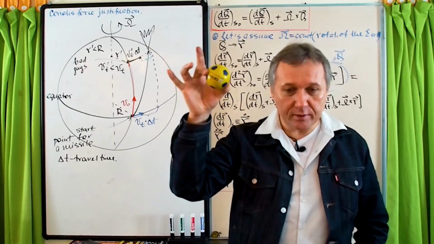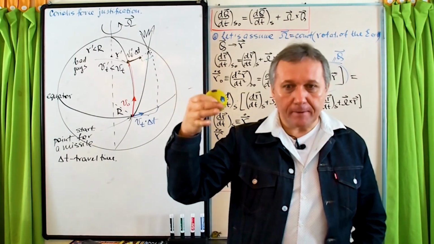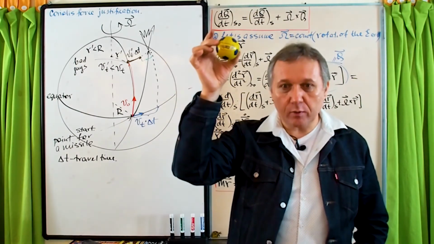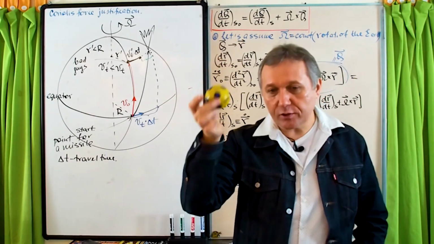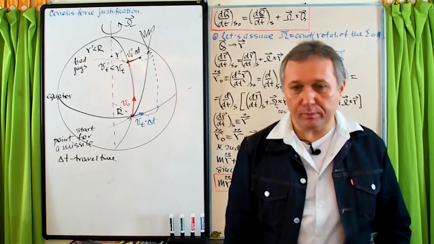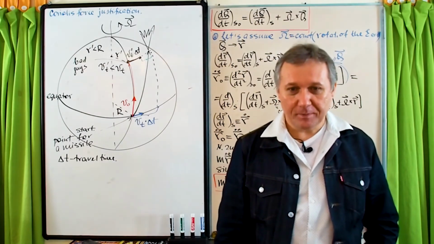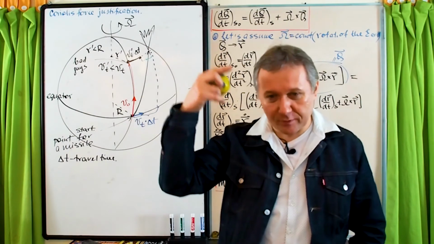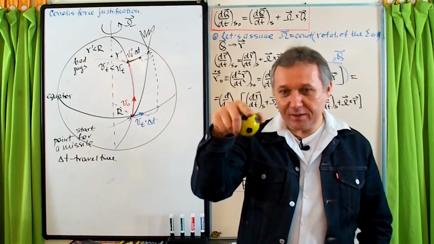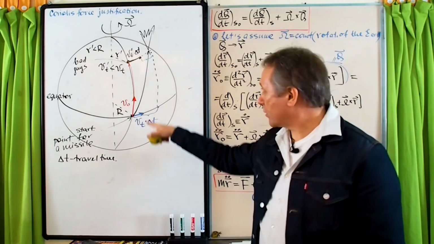Once you release it, there is no influence from the Earth, so it just keeps that tangential velocity all the way to the ground, displacing itself by the tangential velocity times the travel time, like over here.